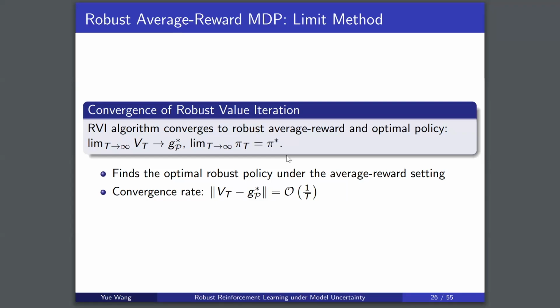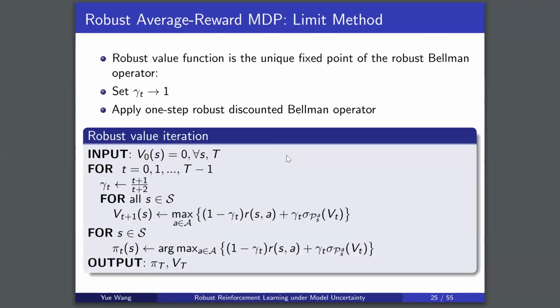But in most cases, this function over the constructed uncertainty set can be solved by solving its dual form, which is a convex optimization problem. So it is quite standard and easy to solve.